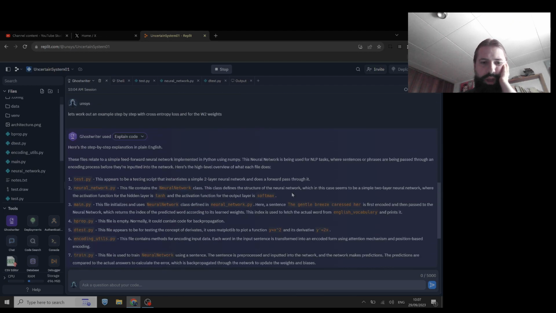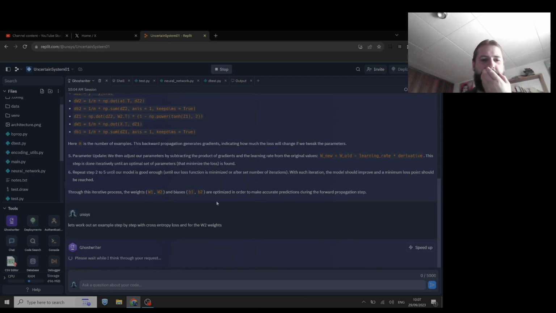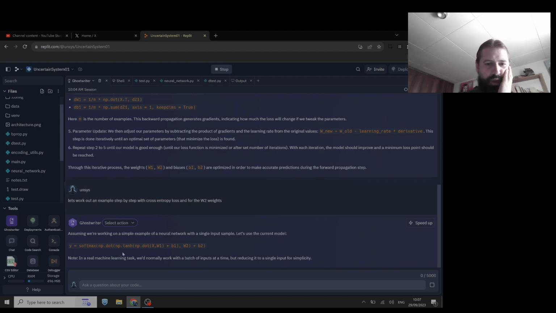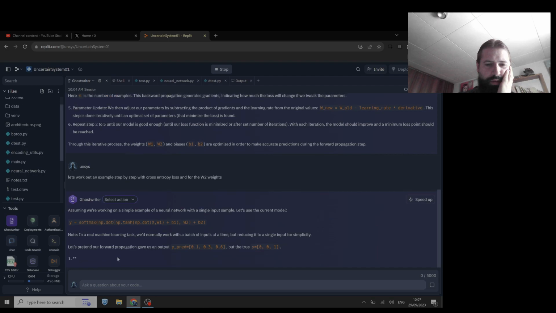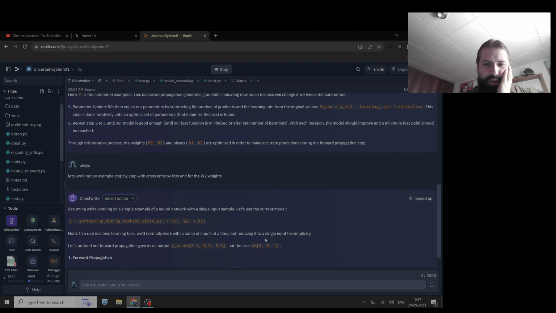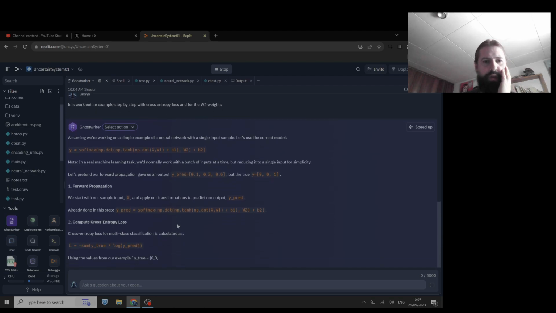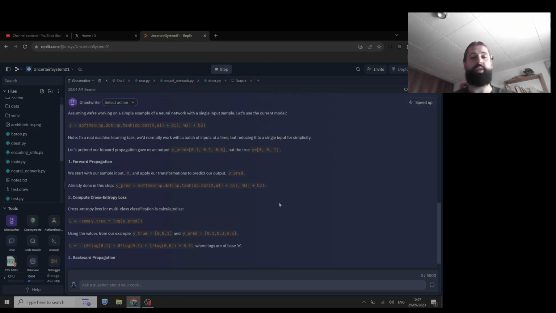Y comes into play. So actually, it keeps the original. Oh no, it doesn't keep it, it replaces it. So you're working with a bunch of inputs at a time, but reducing it to exactly. Let's pretend our forward propagation data gives this output, but the true output is 001. Oh, that's actually a very good answer.